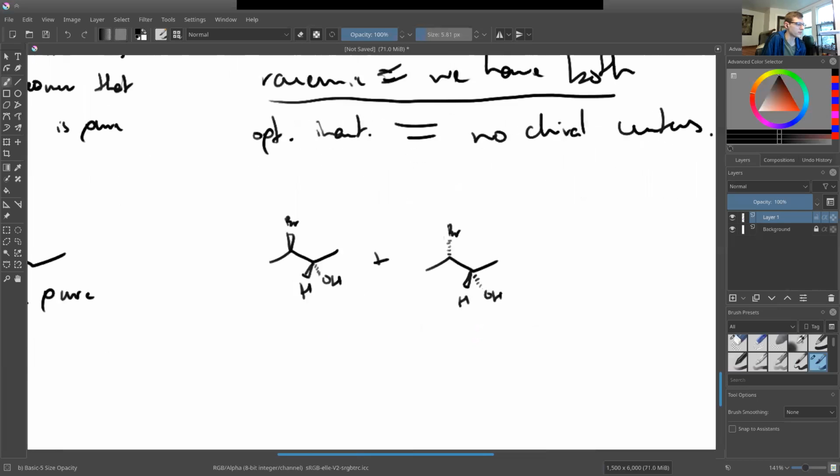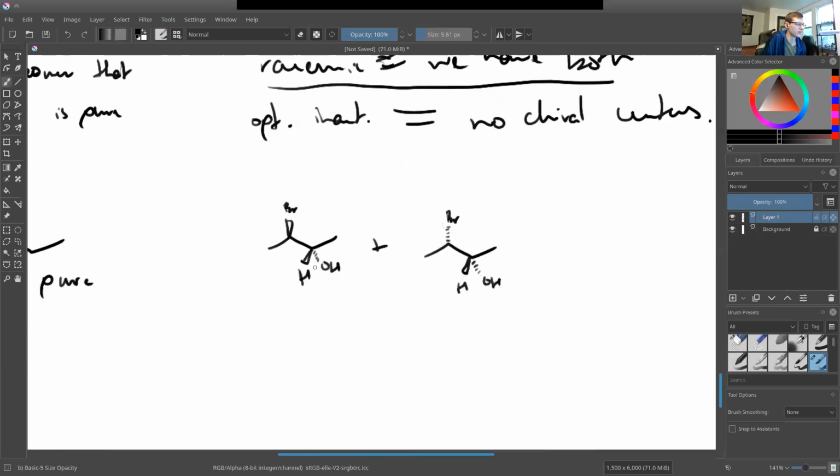And so both of these, here we go. So both of these, I guess, would be enantiomerically pure, and the reason being is that these carbons here stay the same. Yeah. Yeah, I believe so.